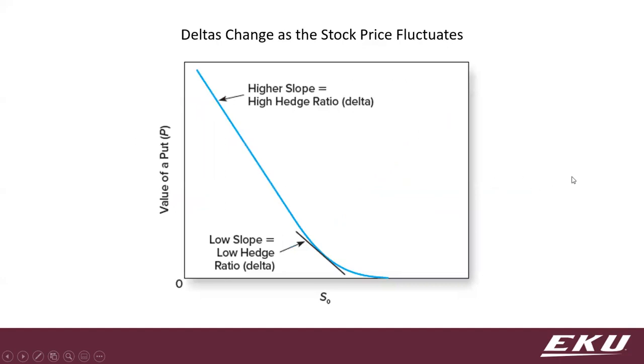Okay. And in the previous slide, we mentioned this delta, and there's a whole area of what they call the Greeks in finance. And so there are all these different ratios and these different terms. But with delta, what you're looking at is the change in this tangent line, right?